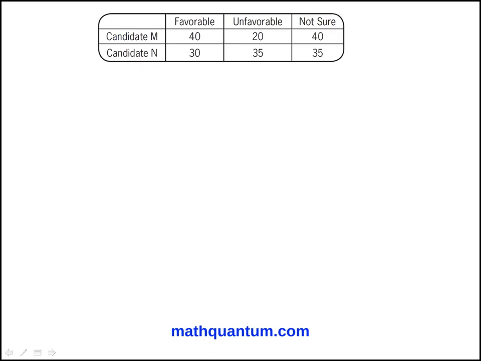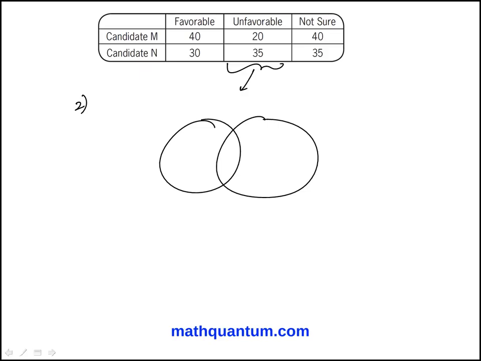If you look at statement 2, it says the number of voters who responded unfavorable for both candidates was 10. So again, if we apply that same approach, and this would be just unfavorable. And so this is 20, this is 35.